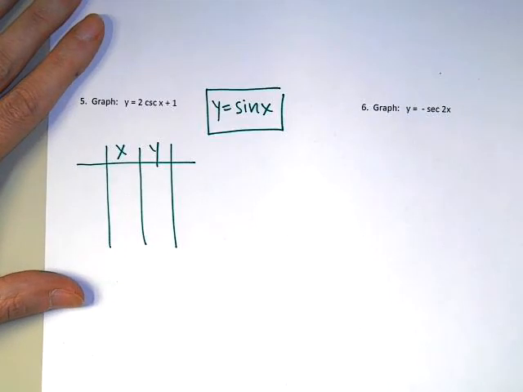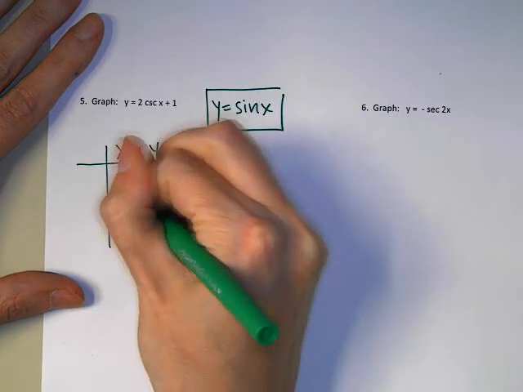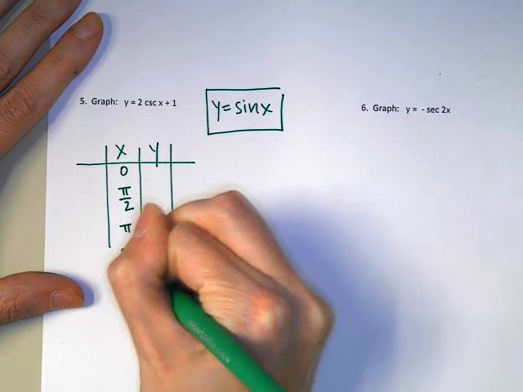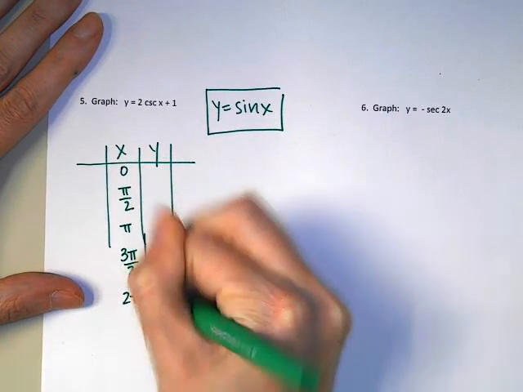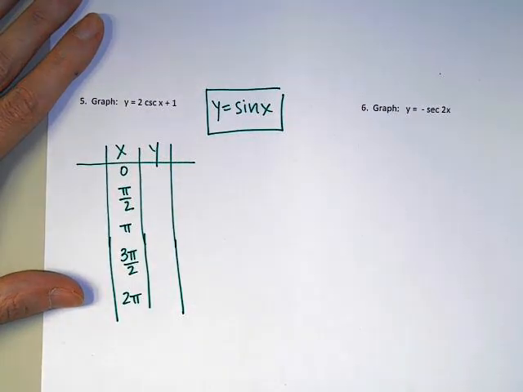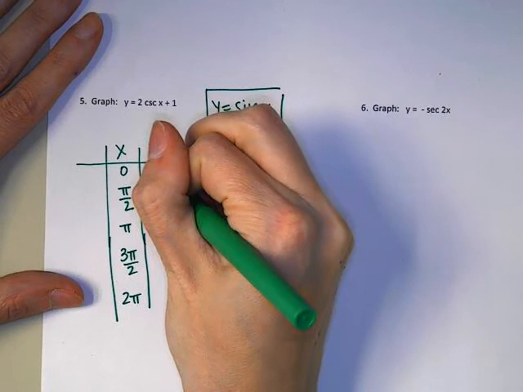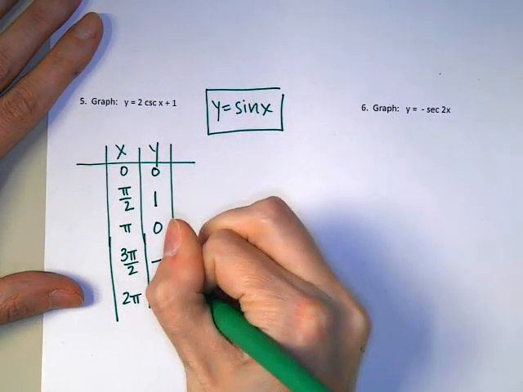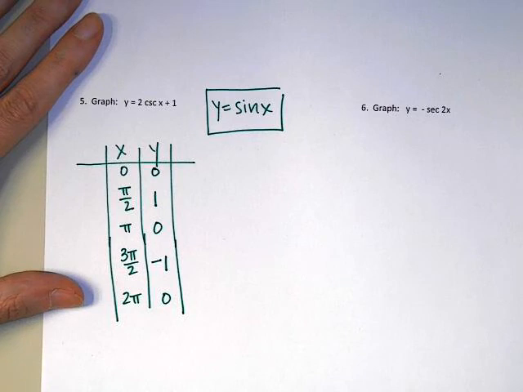Now, if you guys remember, for a normal sine graph, the key points go 0, pi over 2, pi, 3 pi over 2, and 2 pi. That's one cycle of sine. And if you find the sine values at these 5 key points, sine of 0 is 0, then 1, then 0, then -1, then back to 0. That's just straight off the unit circle.